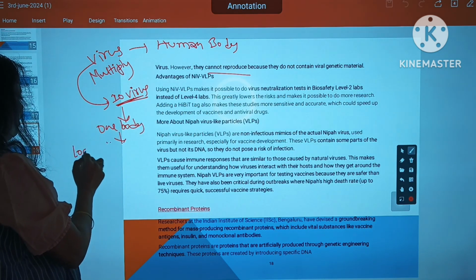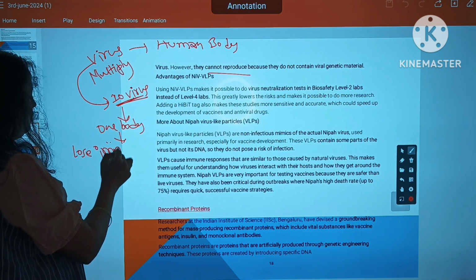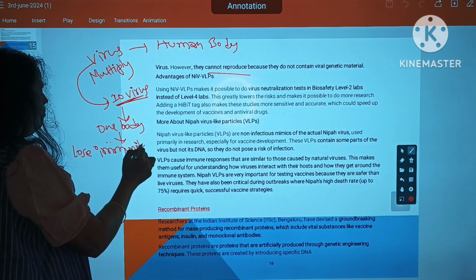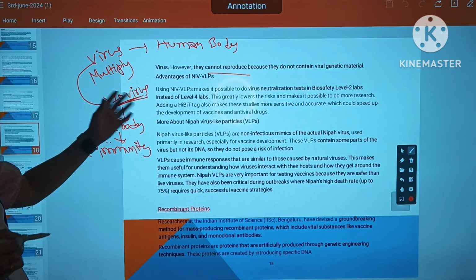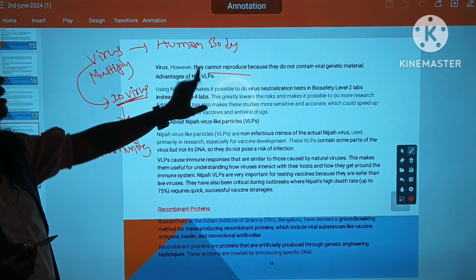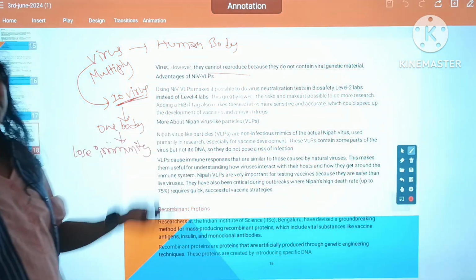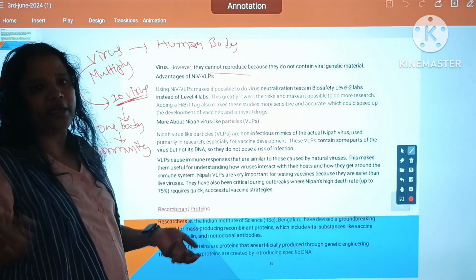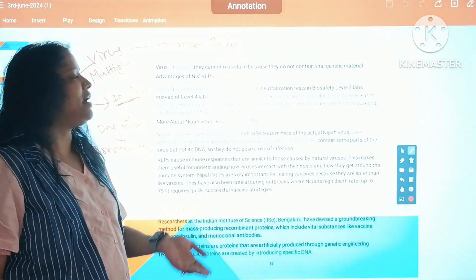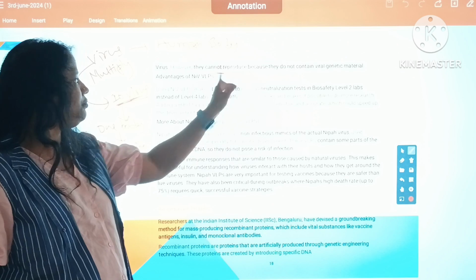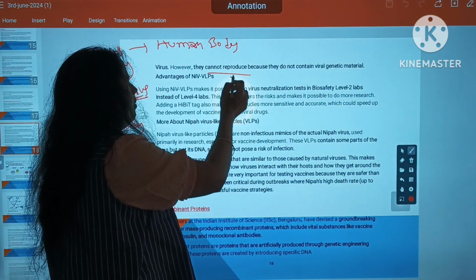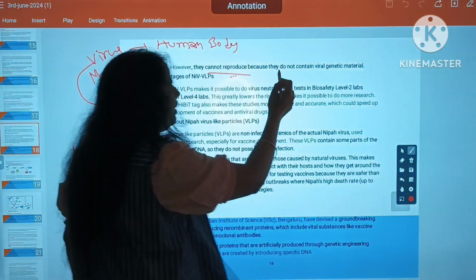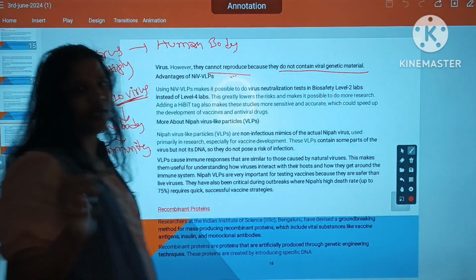We lose our immunity automatically. But this ready-made Nipah virus particle can't reproduce because it is ready-made. It is not real. It won't mix with another virus to reproduce, and it does not contain viral genetic material.